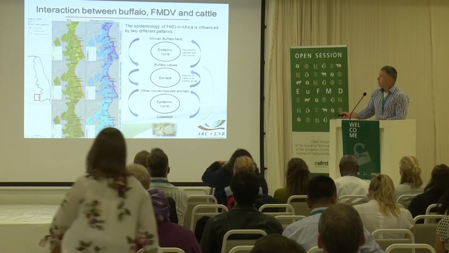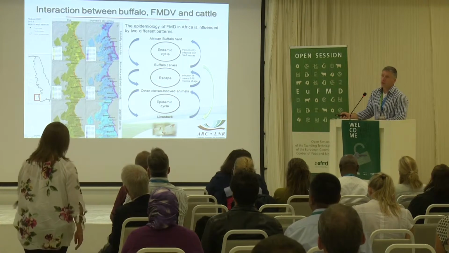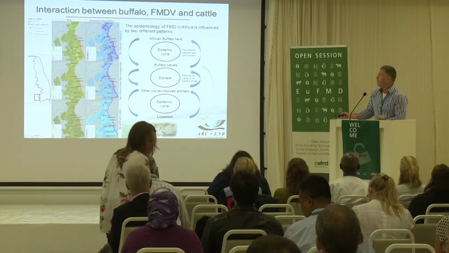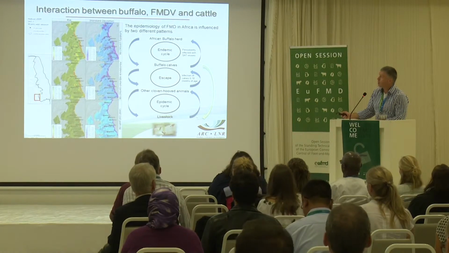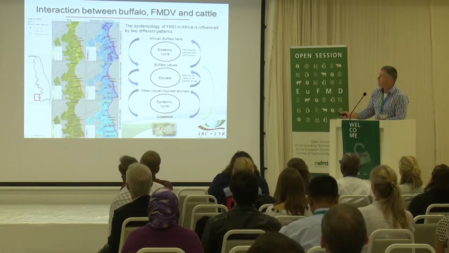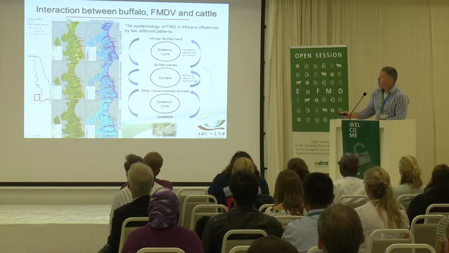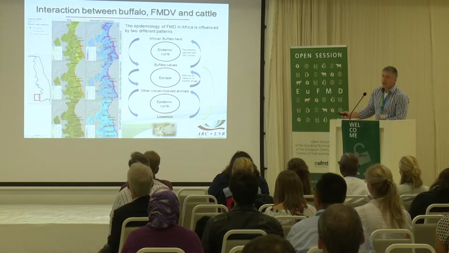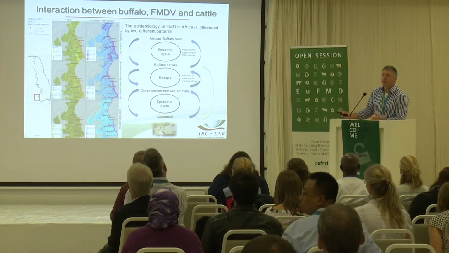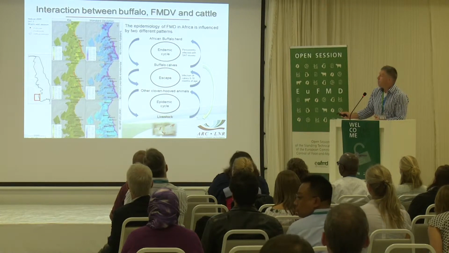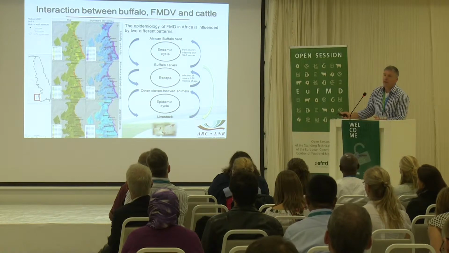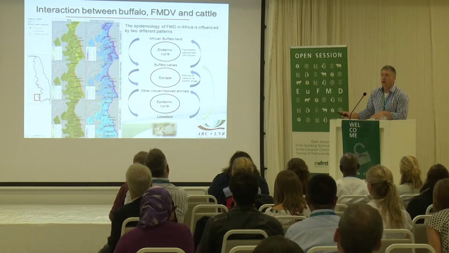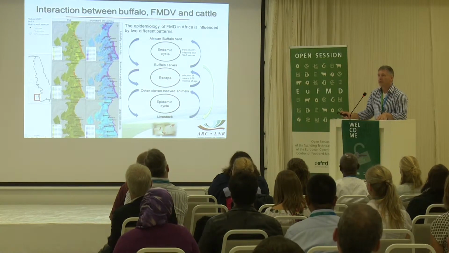Now, the importance of wildlife, and specifically buffalo, is that buffalo inside this park in the northeast corner of South Africa, the Kruger National Park, at times escape this physical barrier. And due to high cattle densities in this area next to the park, we have to vaccinate annually.